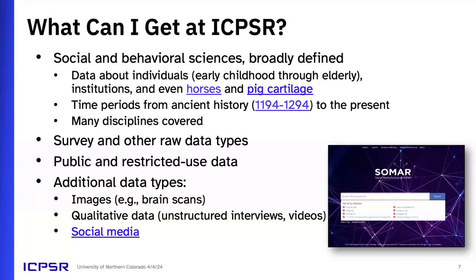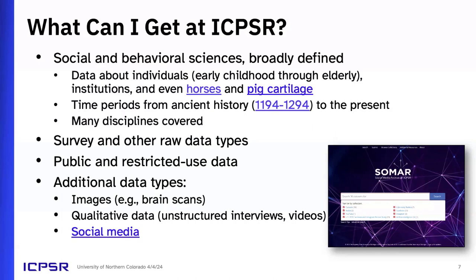We've got data about individuals at all stages in the life course, everything from early childhood, like daycare kinds of settings. Actually, we have information from mothers before they've given birth about their prenatal care, things like that. And then we have an archive of data on the aging. So we've got the other end of the life spectrum as well.